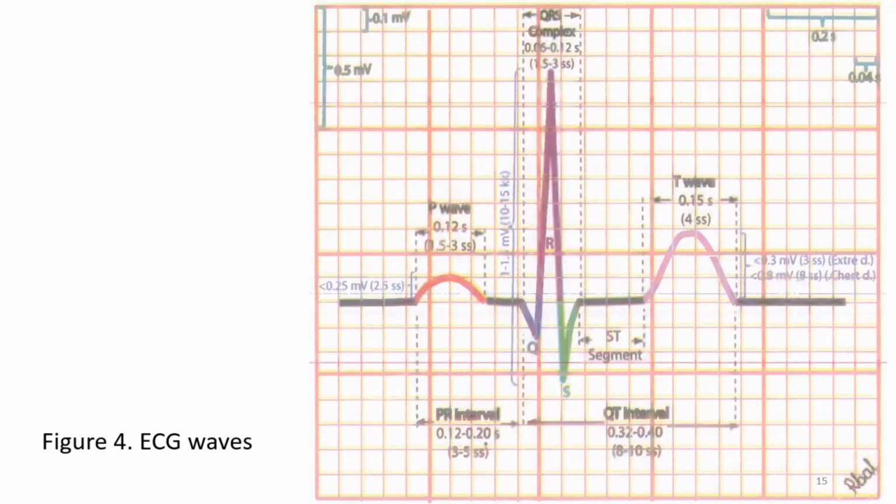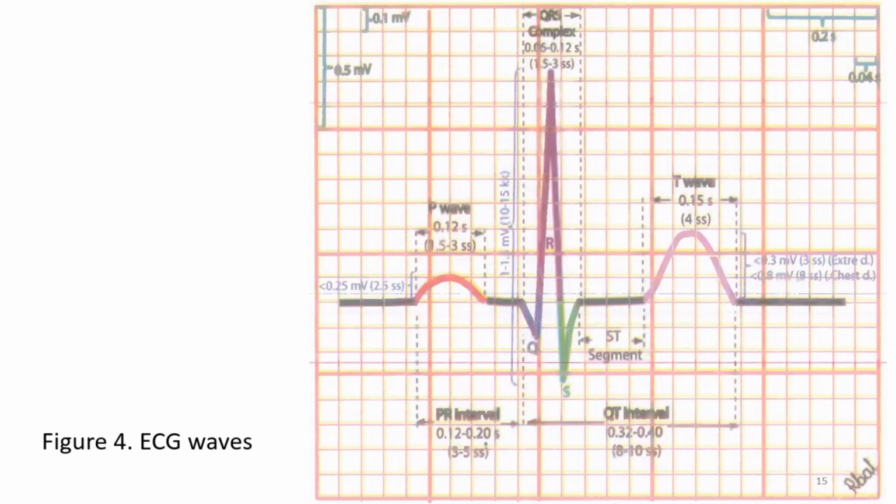So this paper speed is 25 millimeter per second, so about 0.04 second between these two lines, small square lines as you see here, and then 0.20 seconds in large lines, bold lines, normal lines and bold lines.